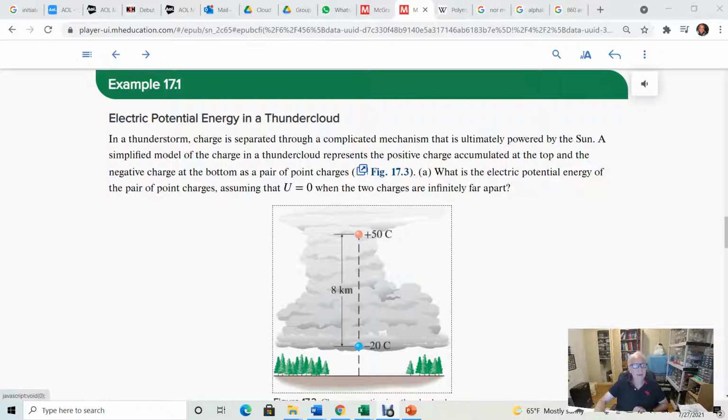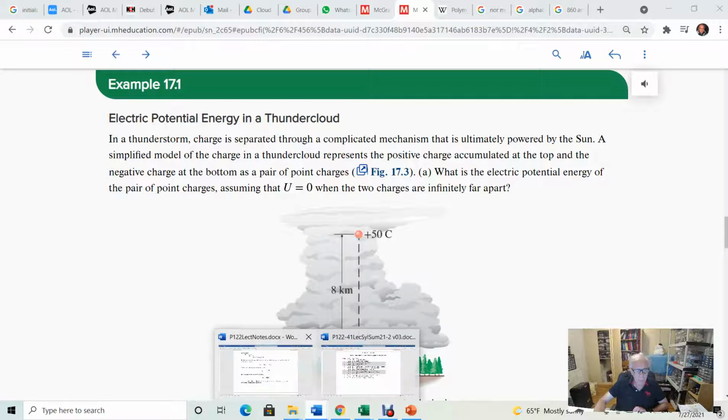So that is the qualitative idea of potential energy, electric potential energy and gravitational potential energy. We can solve problems using either the concept of force or the concept of energy. The concept of energy is more convenient because it is a scalar. It's easier to work with a scalar than to work with forces, which are vectors.